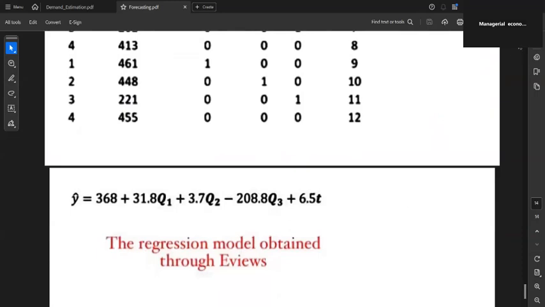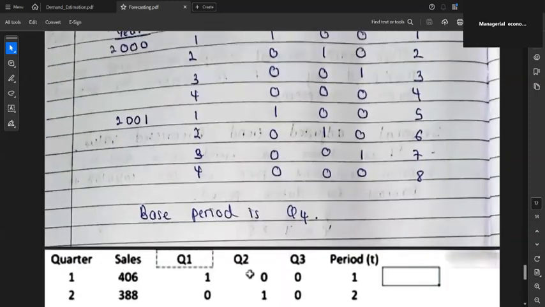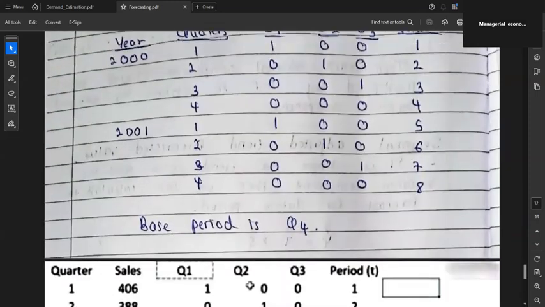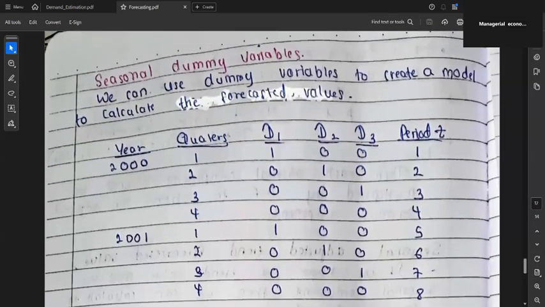Here we have something called seasonal dummy variables.